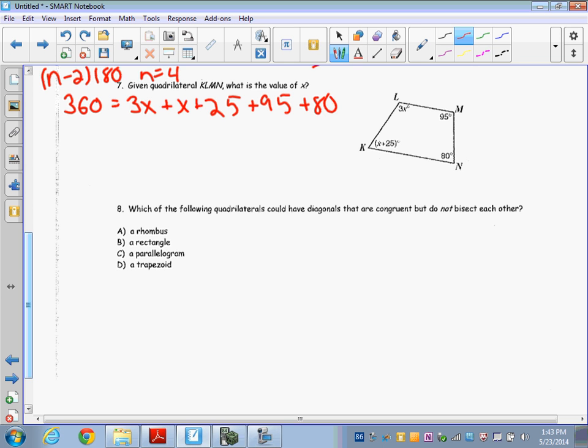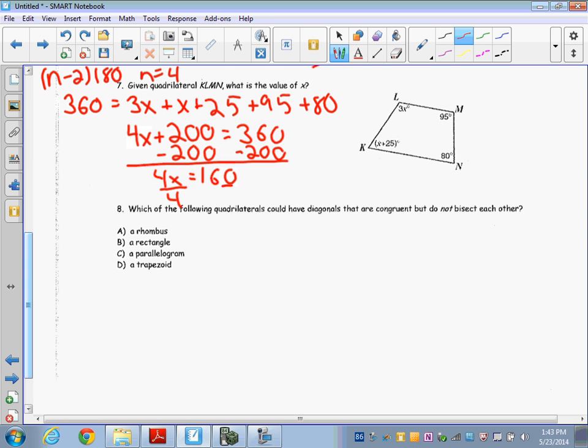Whenever I combine like terms, I'm going to get 4x plus 200 is equal to 360. And then it's just simple algebra. X is equal to 40. I always want to make sure that's what I'm supposed to find. What is the value of x? Yes, that's it. And I'm done.